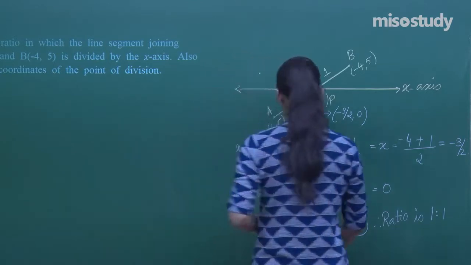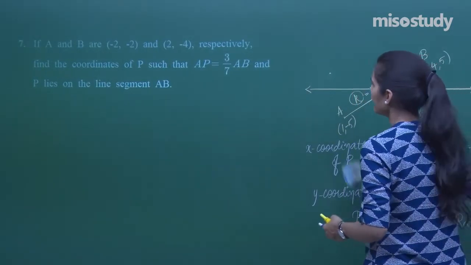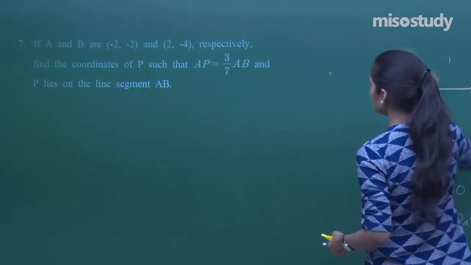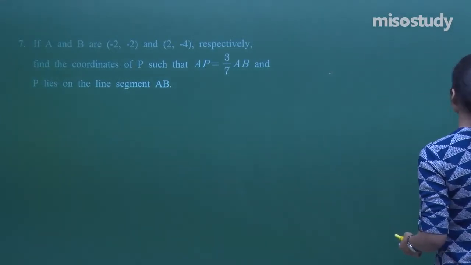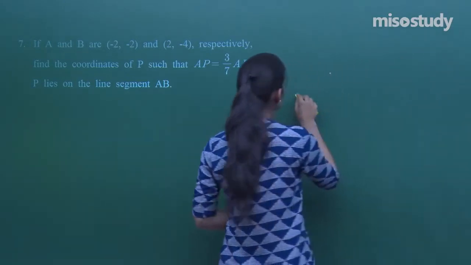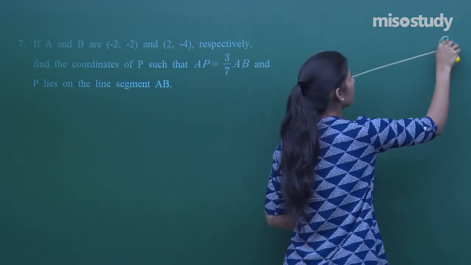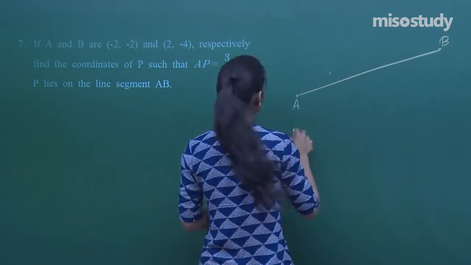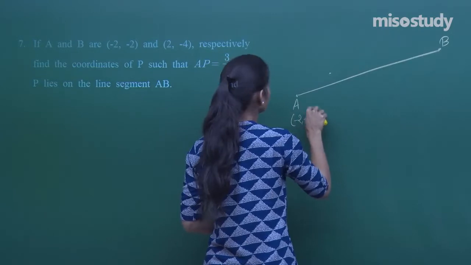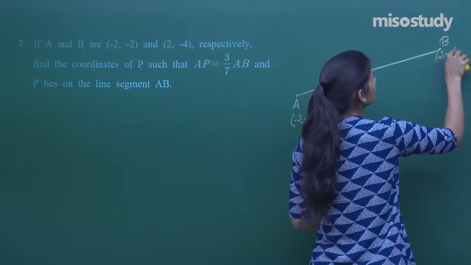Clear? Moving to the next question: if A and B are these 2 points, find the coordinates of P such that AP is 3 by 7 of AB and P is lying on the line segment AB. So there is this line segment AB. A is minus 2 comma minus 2, and B is 2 comma minus 4.